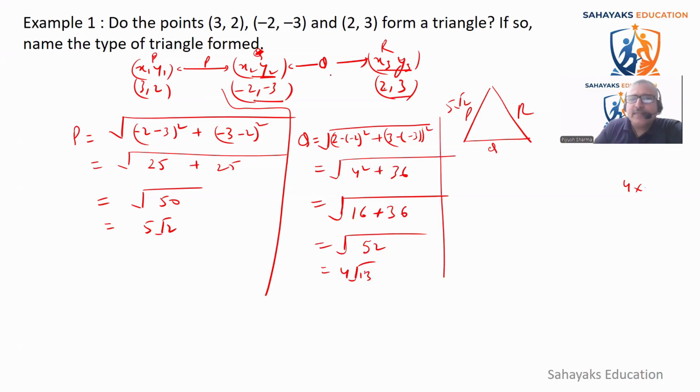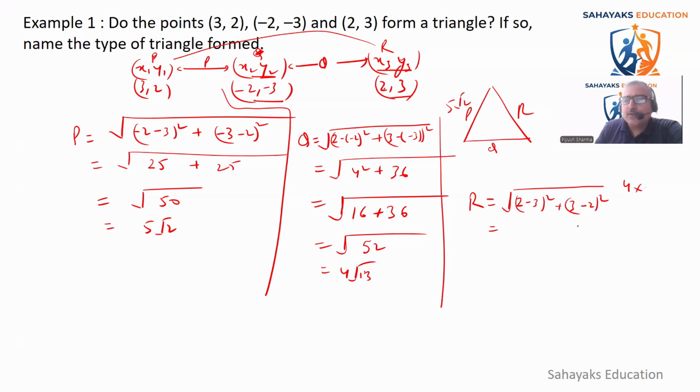Then I have to find the distance between x3, y3 and x1, y1, and we'll call the distance R. R is equal to, again, we use the same formula, square root of (2 minus 3) whole square plus (3 minus 2) whole square.